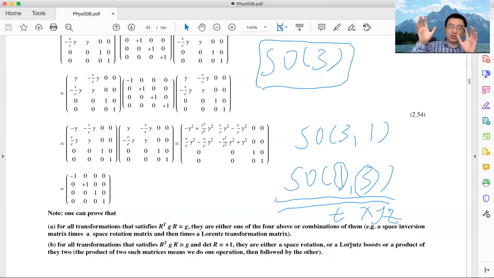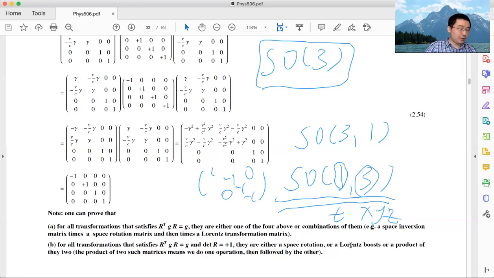The reason 1 and 3 are separated is because in the definition of the metric tensor, one of them has a plus sign, the other 3 have a minus sign. So SO(1,3) means the rotation that keeps the metric tensor +1, -1, -1, -1 invariant. Lorentz boost and space rotation combined together give us this SO(1,3) group. This is the 4-dimensional generalization of a 3-dimensional rotation.